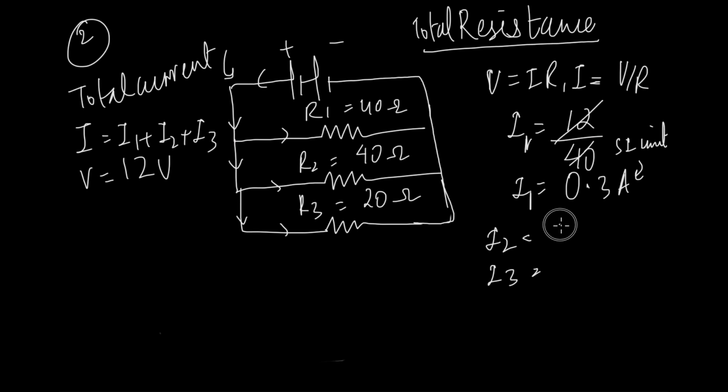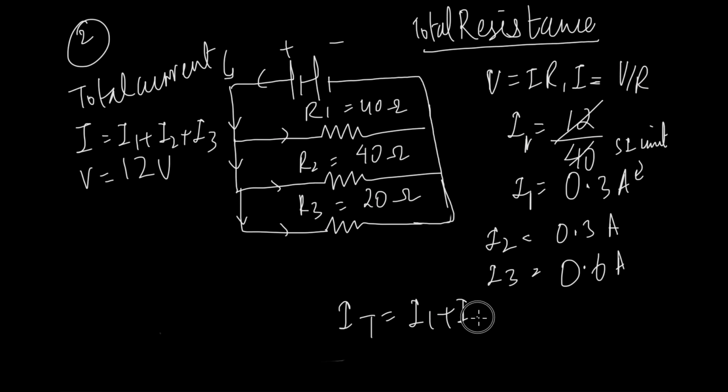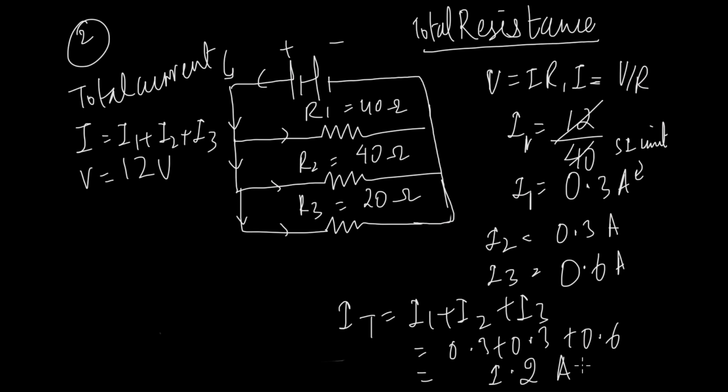So if I2 comes out to be 0.3 as well, because it is the same value, 40 ohms, and then for 20 ohms it's going to be about 0.6 ampere. Then for the total current, you can just add all of these values, and that is how you will calculate total current in the circuit.